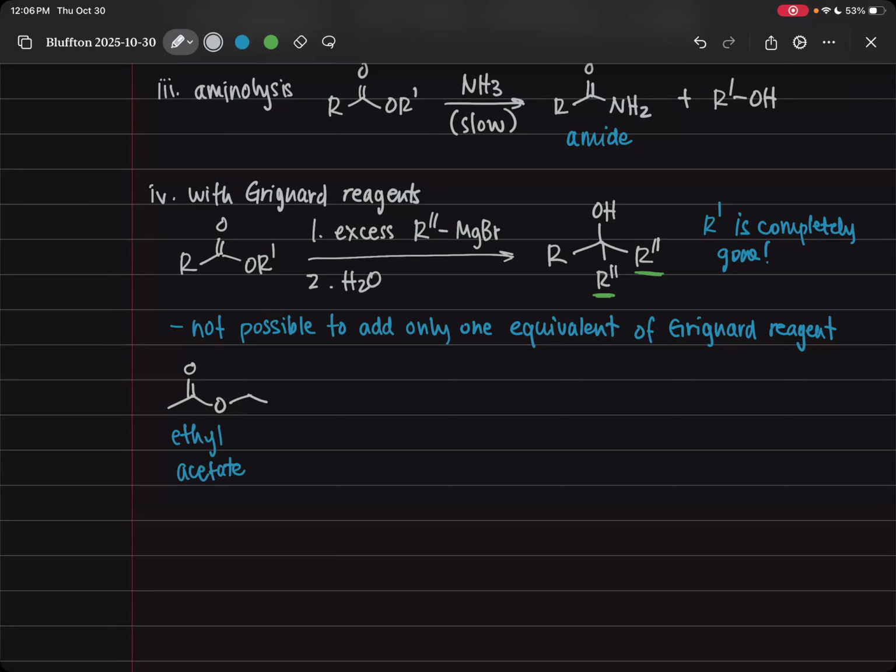It's a common solvent. And what sort of Grignard reagent should we add? Let's do, and let's just do phenyl Grignard.